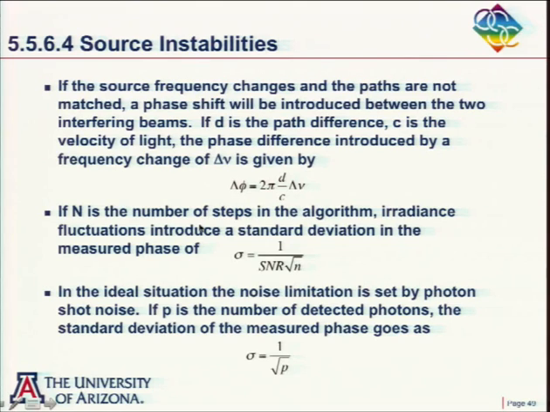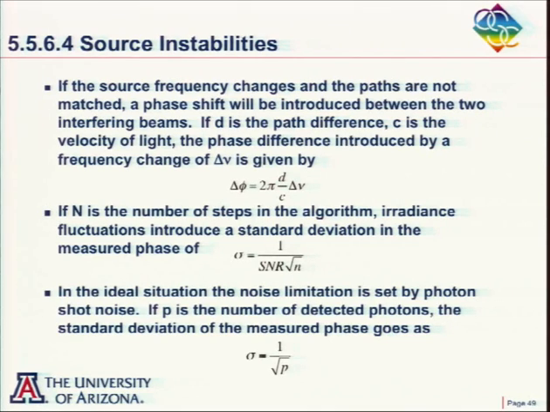You can also show, I think I have more on this in the notes, that if n is the number of steps in the algorithm, a radiance variation with a standard deviation produces an error in the phase that goes as 1 over the signal to noise divided by square root of n.